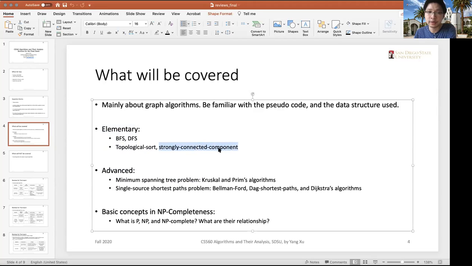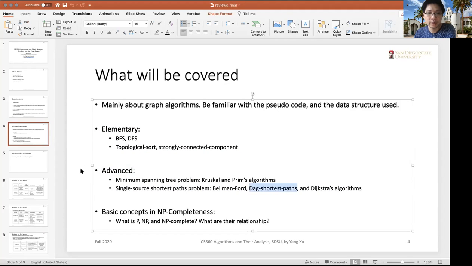Strongly connected components, which is based on the DFS, will be covered. And in the advanced parts, the minimal spanning tree problem using Kruskal's and Prim's algorithms will be covered. Okay. And the last topic is the single source shortest path problem. Okay, we will have Bellman-Ford, Dijkstra's algorithm, and the DAG shortest path problems.